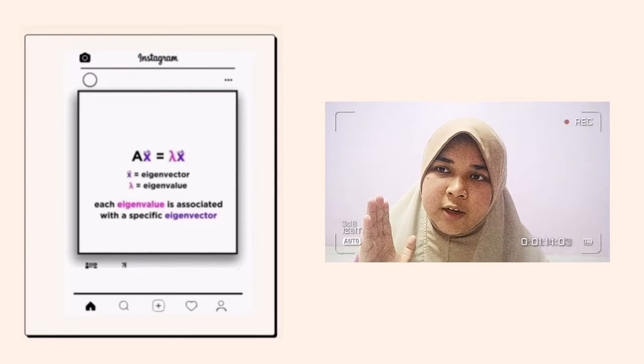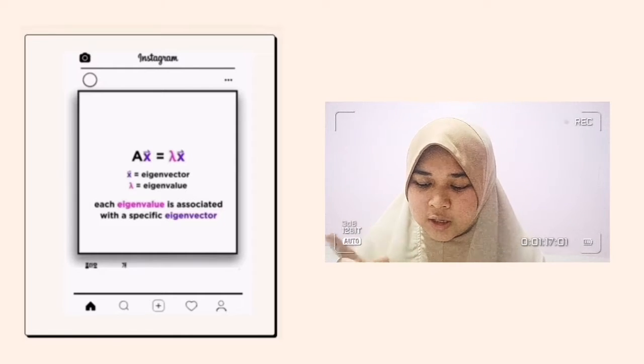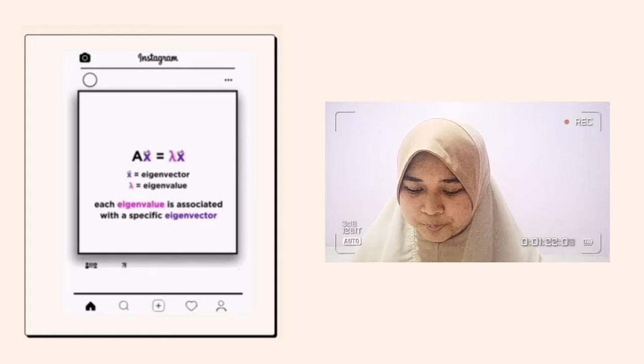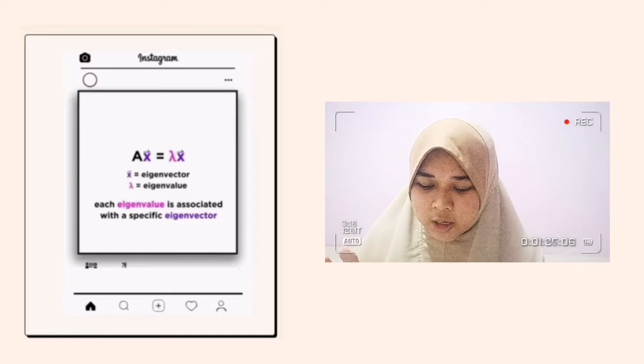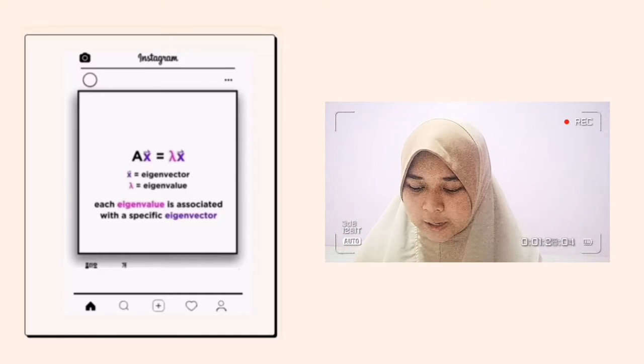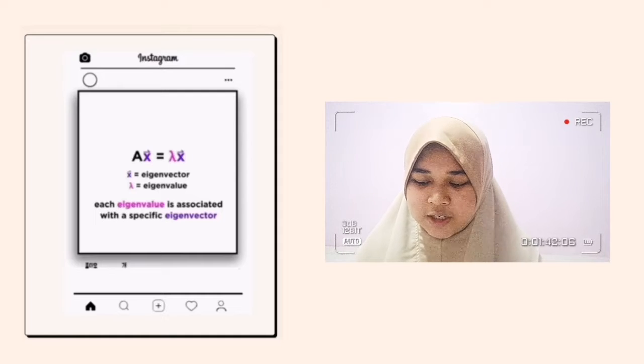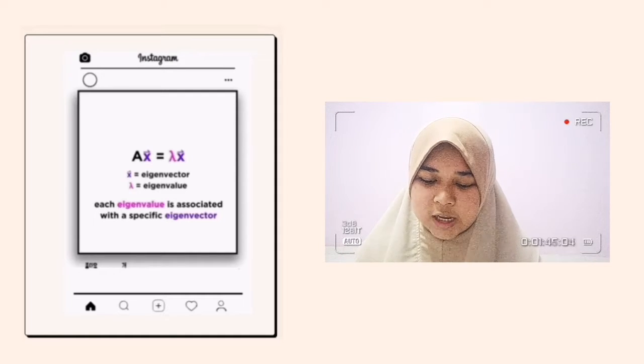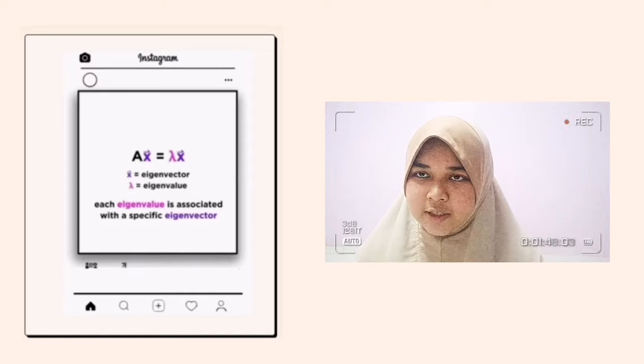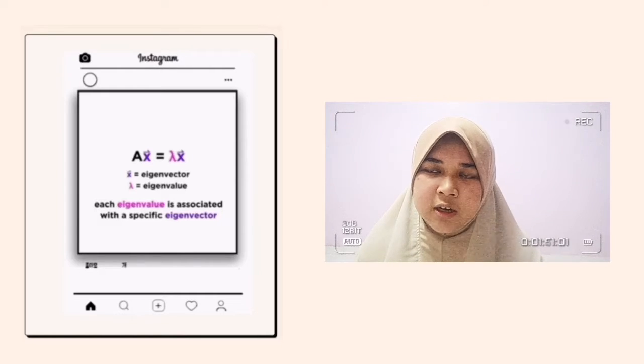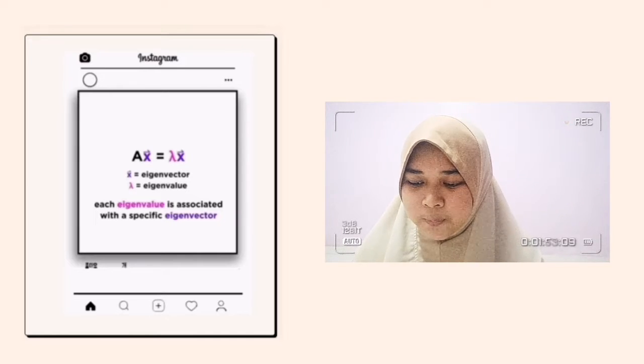The formula that we can use for this is AX equals lambda X. It means the scalar lambda is called an eigenvalue of A, and the non-zero vector X is an eigenvector of A corresponding to lambda. The multiplication of a matrix A changes the direction of most vectors X. However, certain vectors will still be in the same direction. That is what this formula means.